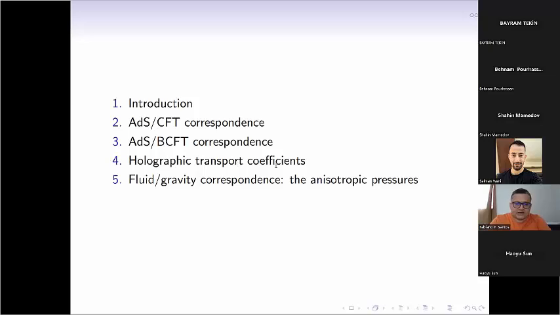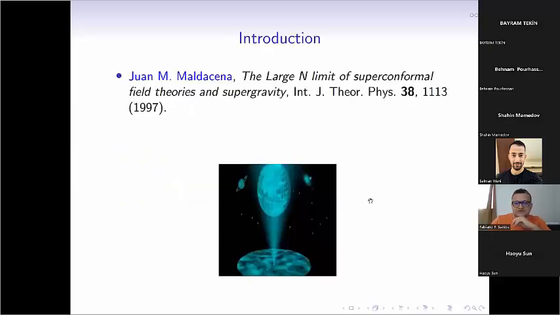Then I will talk about the holographic transport coefficients for the quark-gluon plasma. Another way to study these things is using the fluid/gravity correspondence, to see what happens with the quark-gluon plasma. And I finish with the conclusions and discussions.